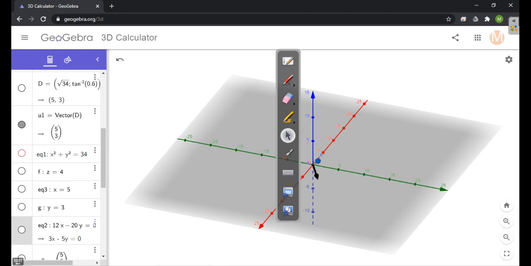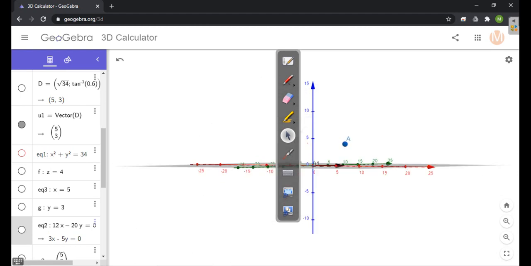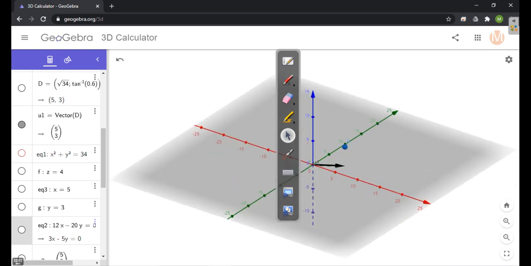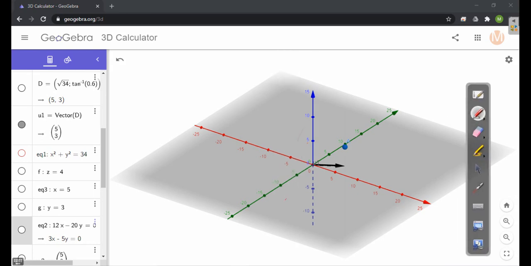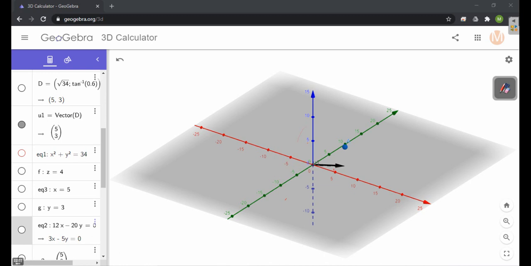I need the vector. Okay, so this is the ρ vector. Now where is the direction of x? The x is in this direction, the red one. So this is the direction of x, this is the direction of ρ. Okay, and what is this angle?